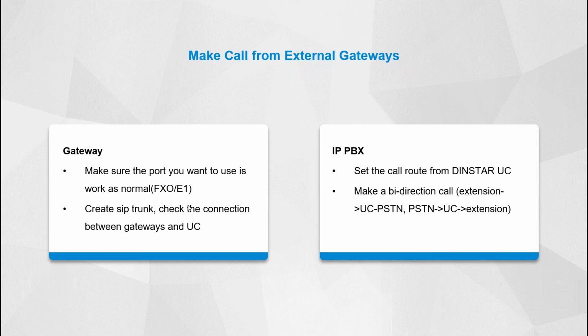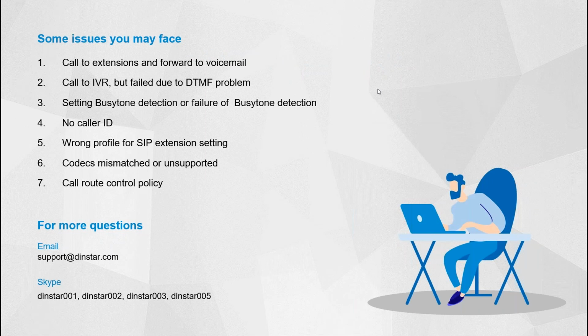Here is the make call. If you want to make a call here, I just highlight some main points. Maybe later if we have any time, we can conduct another session to let you know how to configure it. But never mind, I will give you the documentation here. First of all, you have to check your gateway, make sure how many ports or E1 ports are used.